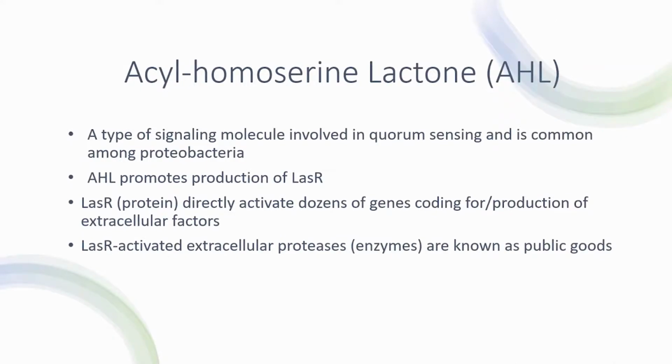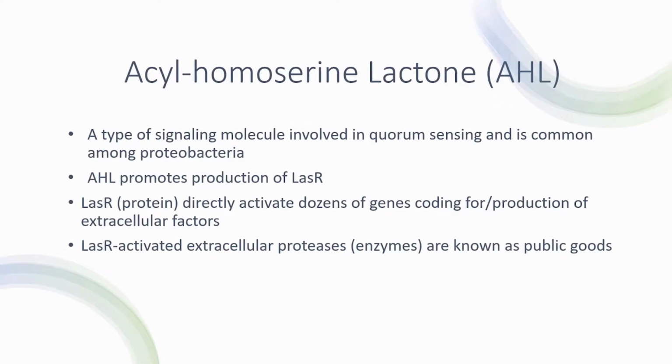Just a little more about those little red pentagon chemicals we saw in the last picture. In this particular research, they focused mostly on acyl-homoserine lactone, otherwise known as AHL, which is just a type of signaling molecule.